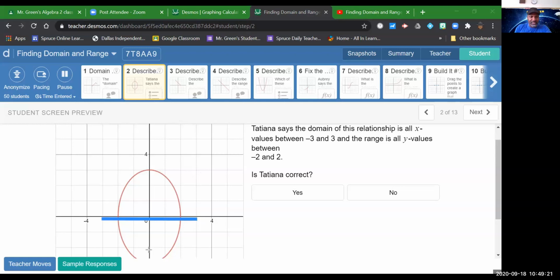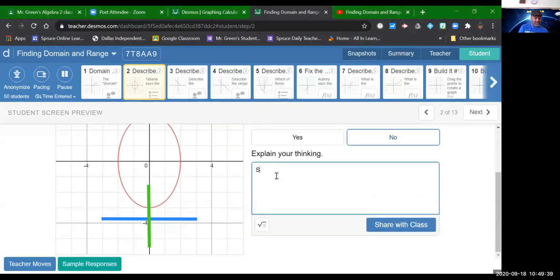If I look at the range going from -2 to 2, we haven't covered the whole range. So we overshot the domain and undershot the range. So is she correct? No, she is not correct. She mixed them up.